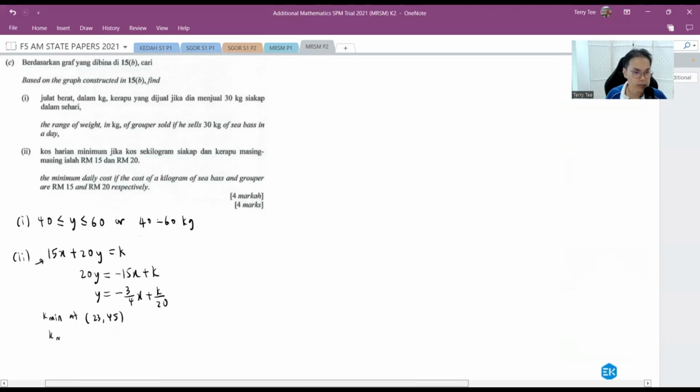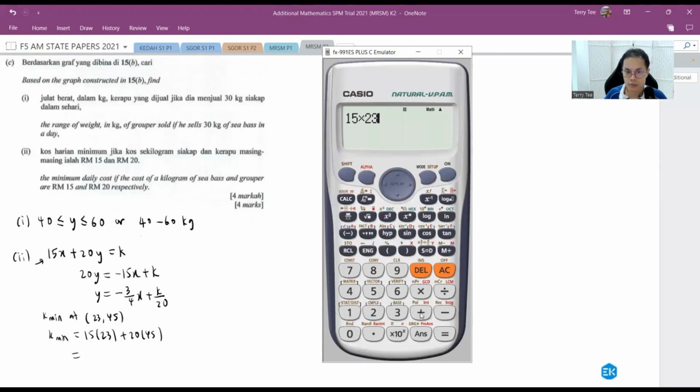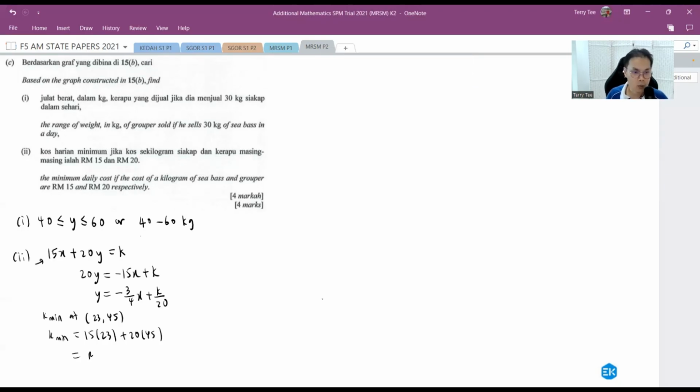So your minimum cost will be 15 times 23 plus 20 times 45. Now let's count. 15 times 23 plus 20 times 45. My answer is 1,245. Yep, 1,245. All right.